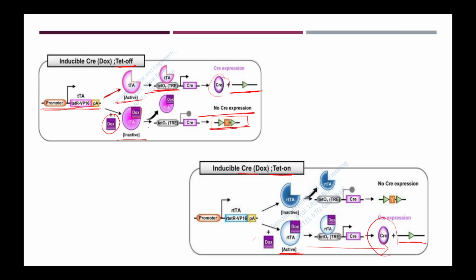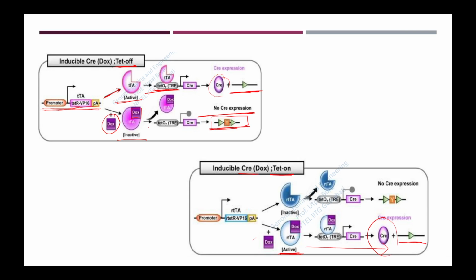So this is the inducible system. Once you introduce these particular plasmids inside your organism or any particular cell lines, and then you treat those cell lines with certain different kinds of drugs or chemicals, then only expression of Cre will happen, and then only those Cre will perform the gene modification.